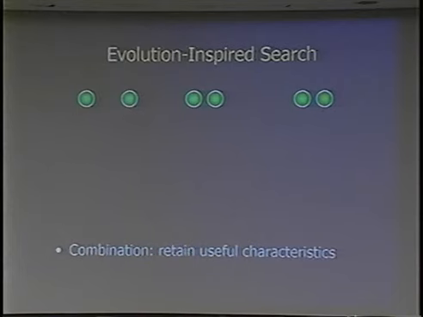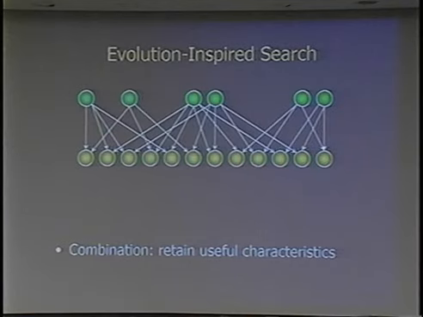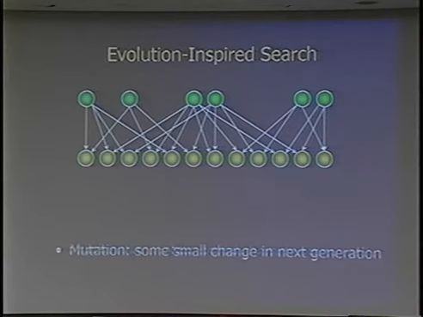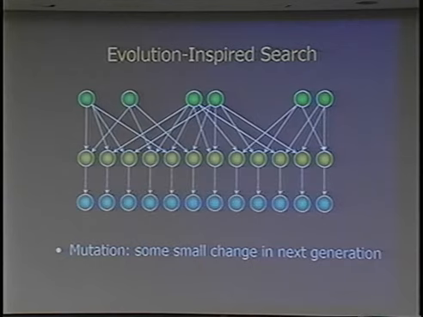In the next part, we want to get some new factor language models from those good ones that exist, and we try to combine them in a way that we can retain the useful characteristics to arrive at some new language models. After that, we might want to tune those language models a little bit. I will talk about that later. And we get a whole set of new language models so that the overall performance would be better than the first generation.